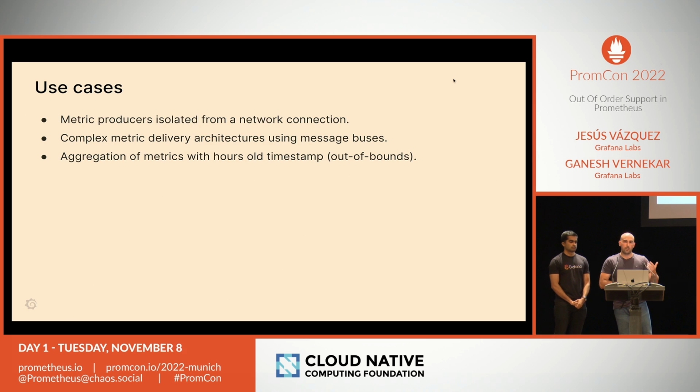Another example of network isolation is in the IoT space. Imagine you have a farm, and this farm has 100 devices, and each of those devices is on purpose isolating from network connection to save battery. But still it might be online gathering data.